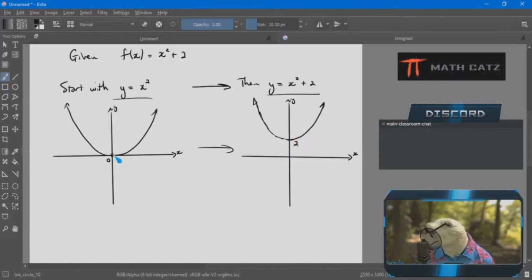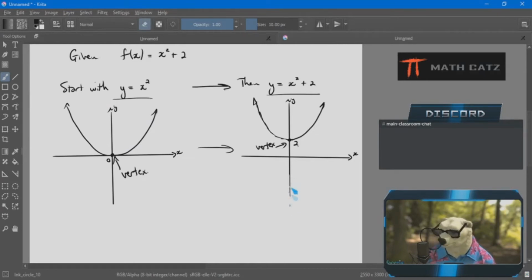And I have my reference point here, which is the lowest point. We call that the vertex, the turning point, if you will, and the vertex now sits over there. New vertex. And because I changed the function in a specific way, the graph changes in a predictable way.